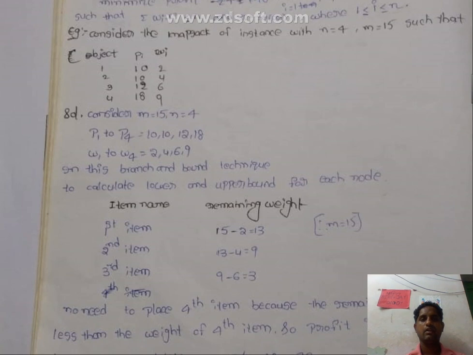These are the given profits and weights. Total number of objects equal to 4. The total capacity equal to 15.